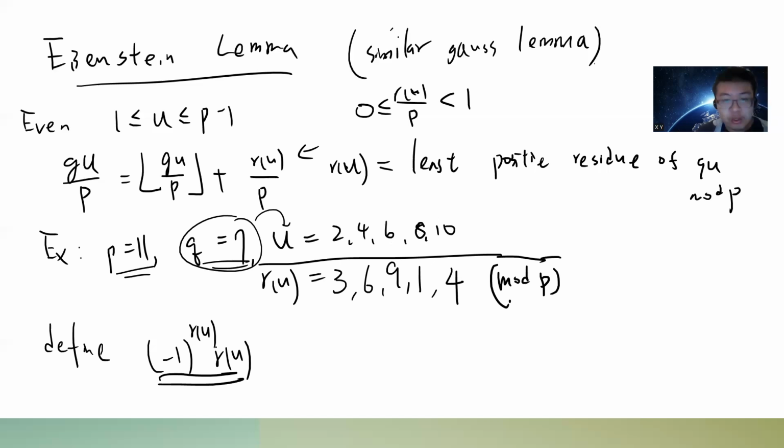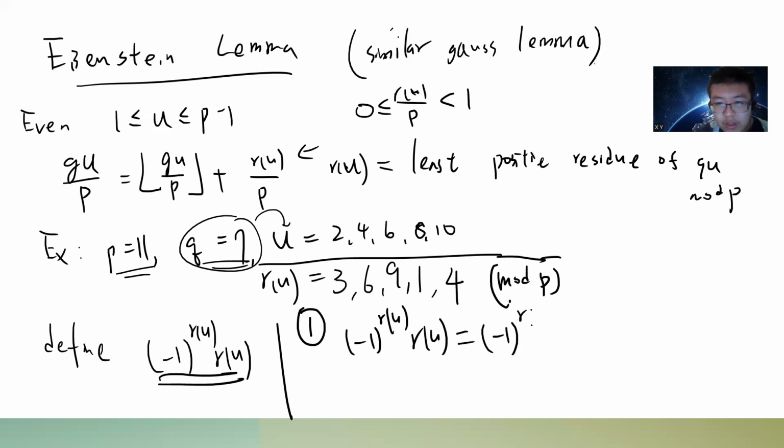First we notice the first fact: they're all distinct. Because (-1)^(r_u) r_u equal to (-1)^(r_v) r_v, you can easily show the following.